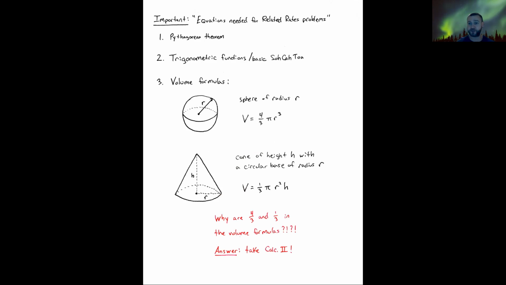So if you're curious where these formulas come from, why there's a 4/3 and 1/3 in the answer, take Calc 2, and you'll learn how to figure out those volume formulas. All right, so these are kind of the standard equations or formulas to keep in mind. There might be other more complicated related rates questions, but these three sets of equations and formulas should get you through most of what you'll encounter.